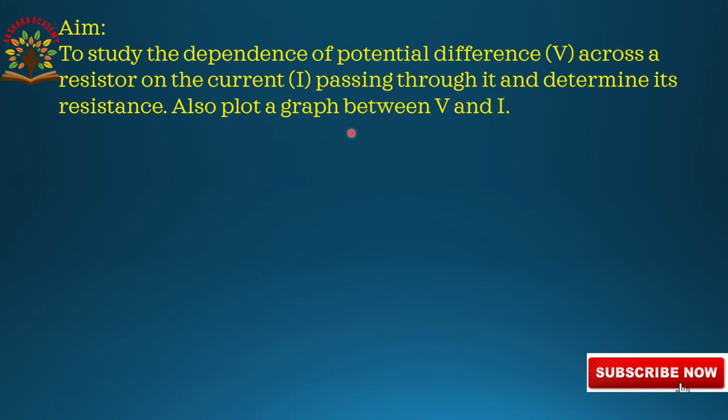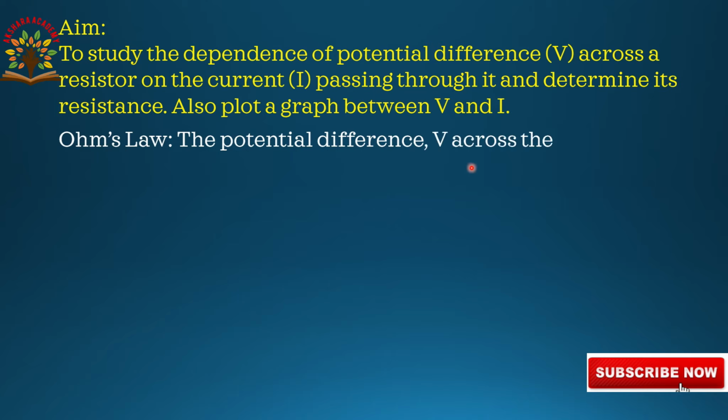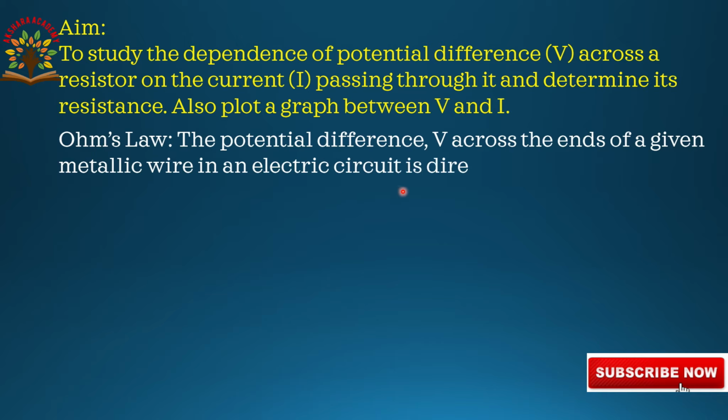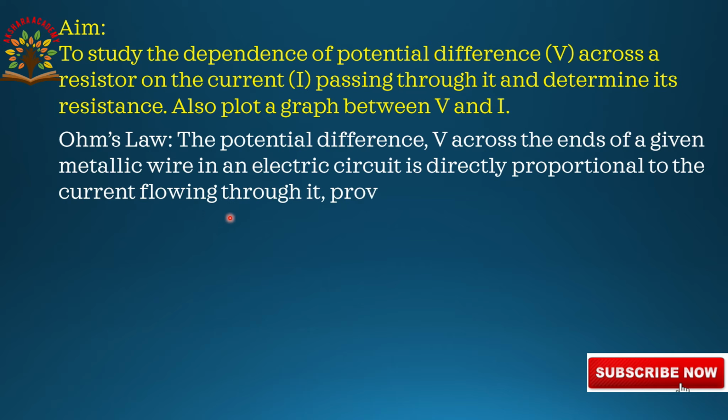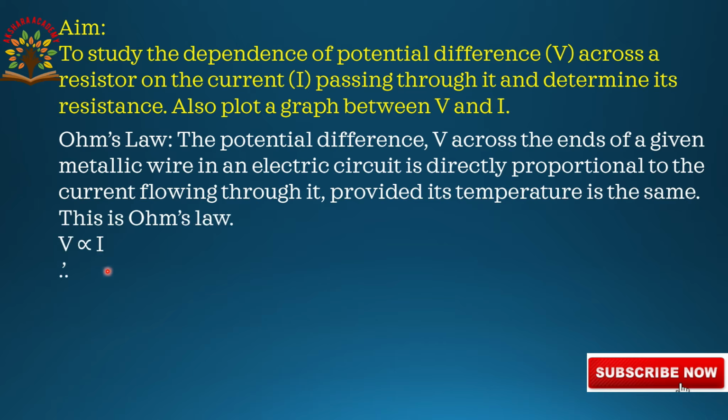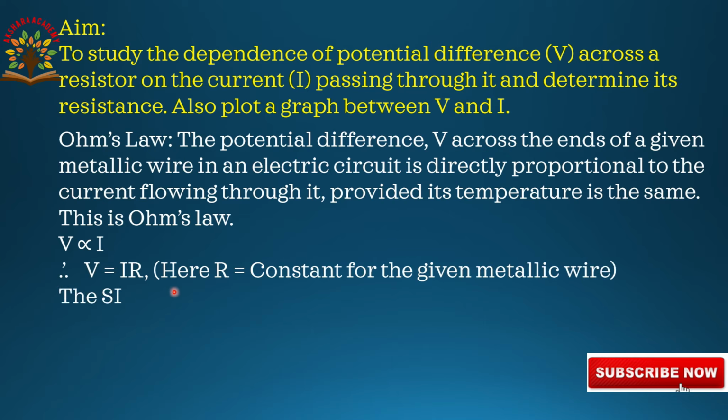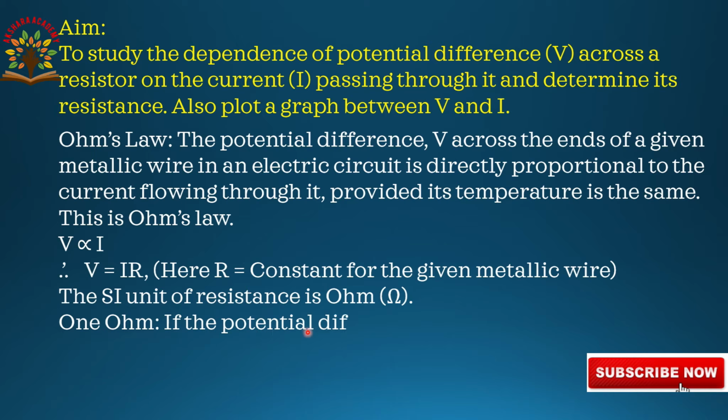Also plot a graph between V and I. Ohm's law: the potential difference V across the ends of a given metallic wire in an electric circuit is directly proportional to the current flowing through it, provided its temperature is the same. V is proportional to I, therefore V is equal to IR. Here R is called the constant for the given metallic wire. The SI unit of resistance is ohm.